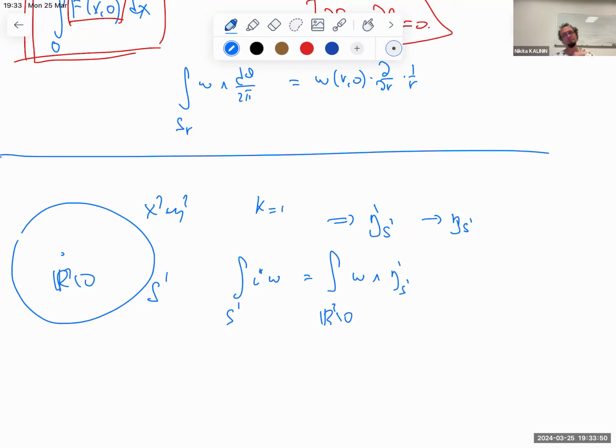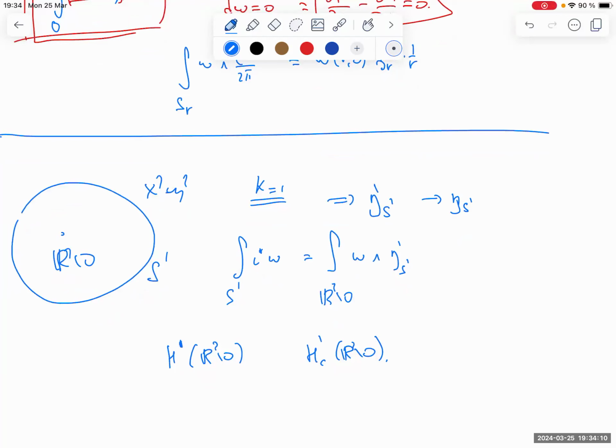How to do it? First of all, here the dimension is 1. So what is H1 of R2 without 0, and what is H1 with compact support of R2 without 0?